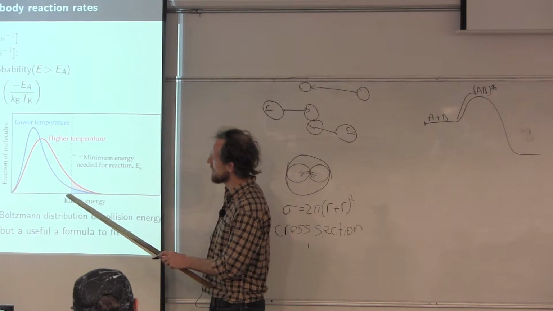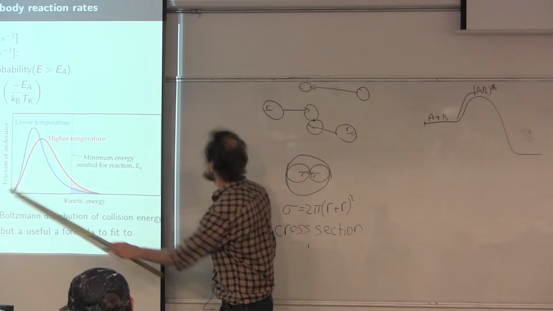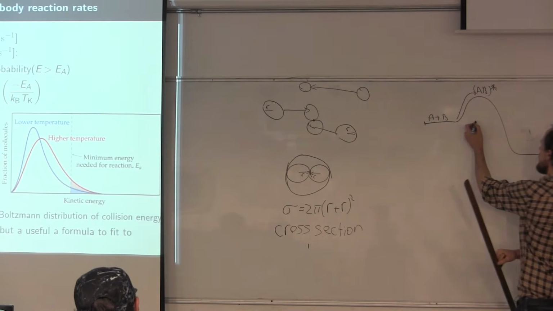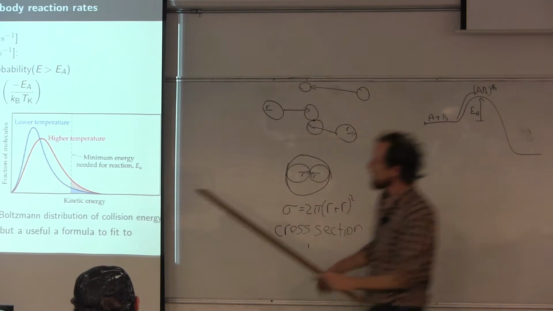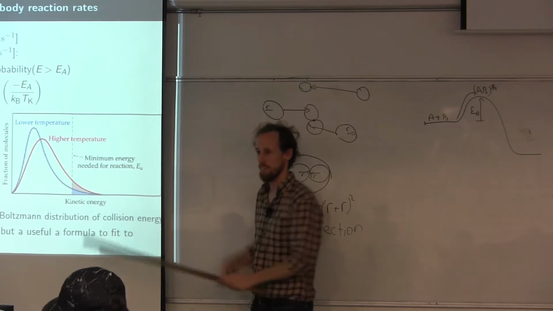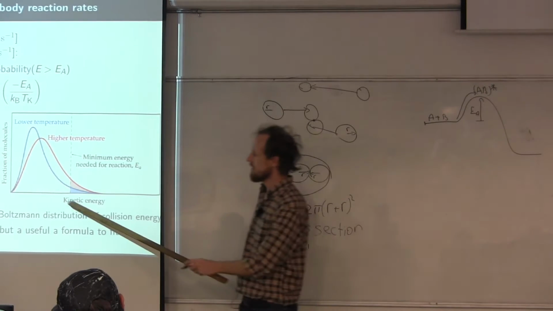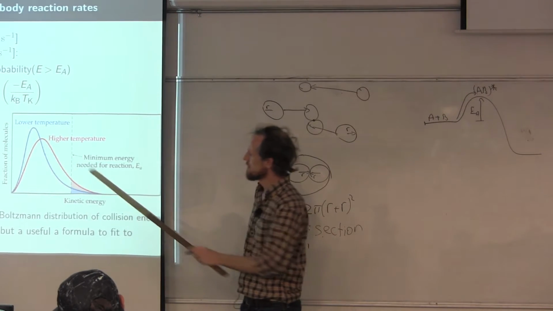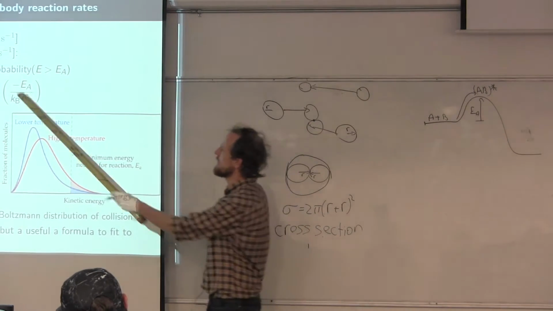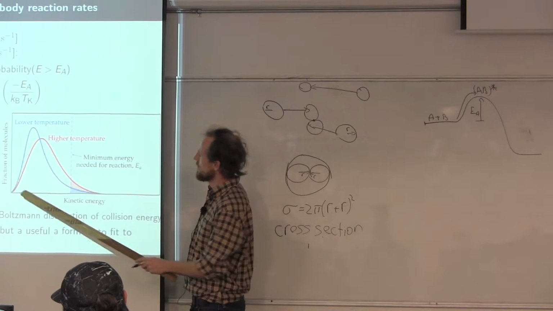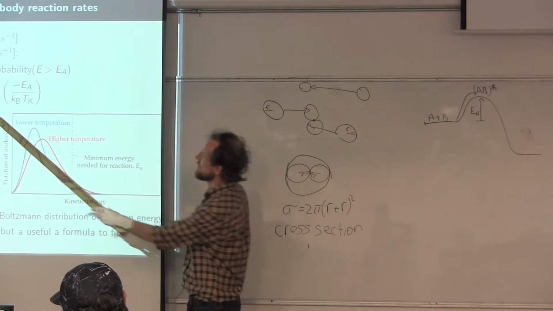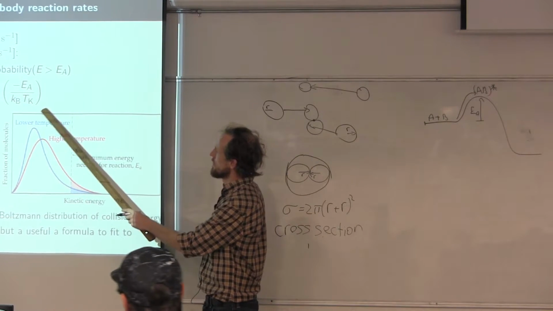At a certain temperature, if this energy is the energy of the barrier, then all the particles that are traveling faster than that will go over the barrier. This gives us a fraction of all particles within the Boltzmann distribution which have enough energy, say E is greater than EA.